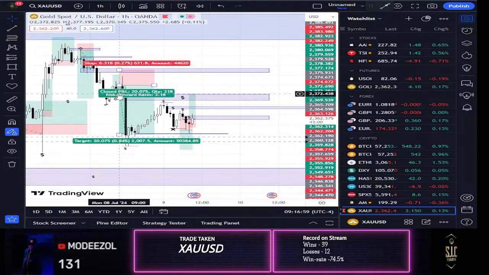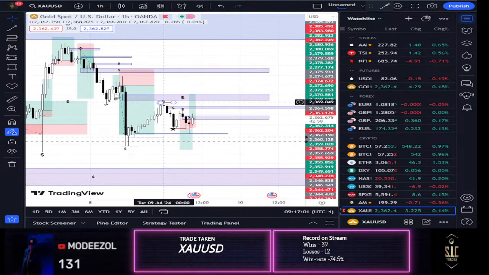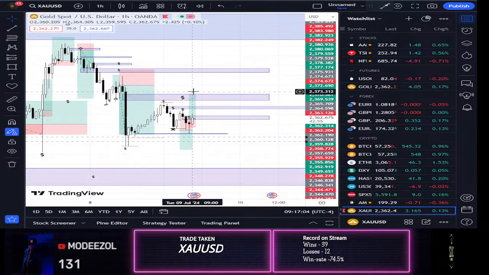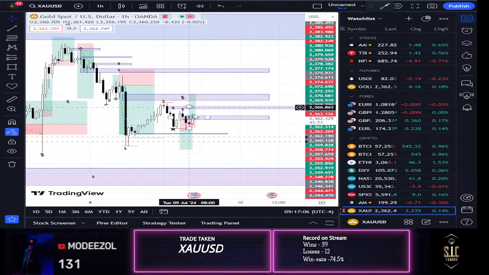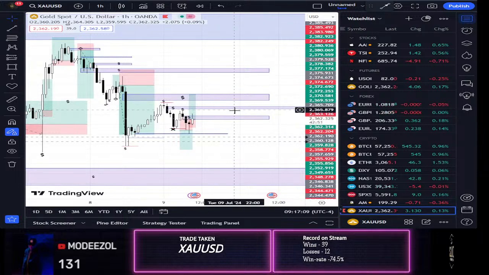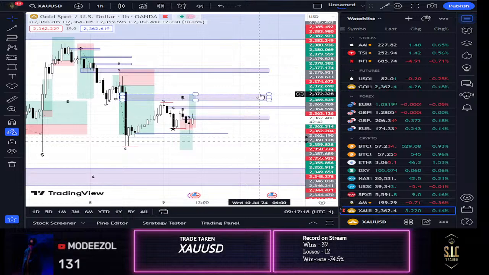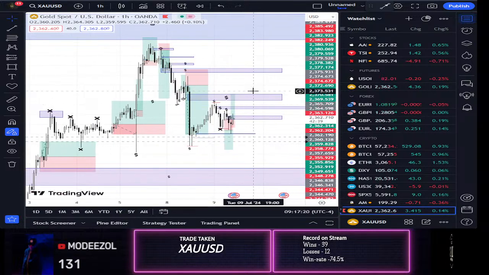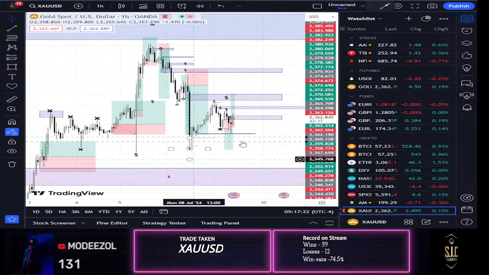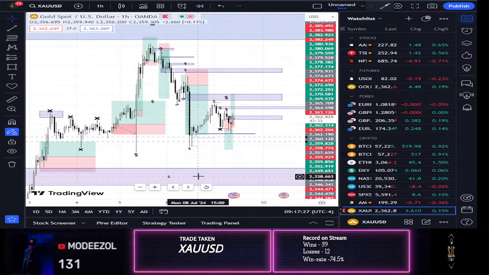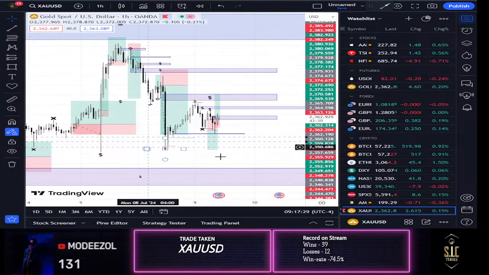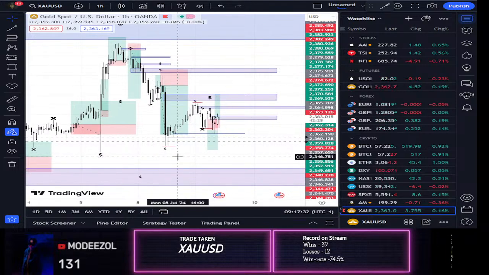Well, it is getting up above this here and dipping back into insufficiency in price. So yeah, I could definitely see that happening: price coming all the way back up, getting into this insufficiency here. Why not? And then coming down and running these lows and getting down here. That story makes sense. It does.